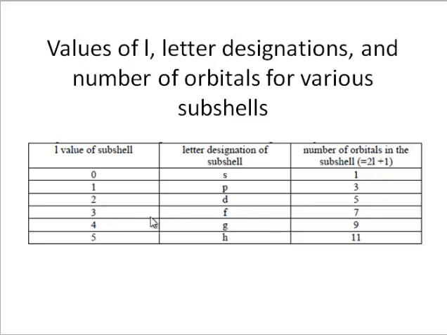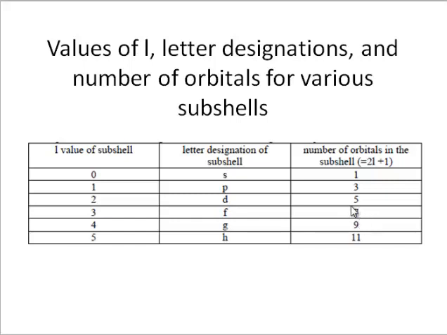An L value of 3 means an f-type subshell. There are 7 orbitals in the subshell, corresponding to values of m sub L: -3, -2, -1, 0, 1, 2, 3. That's 7 values. There are 7 orbitals in the subshell.